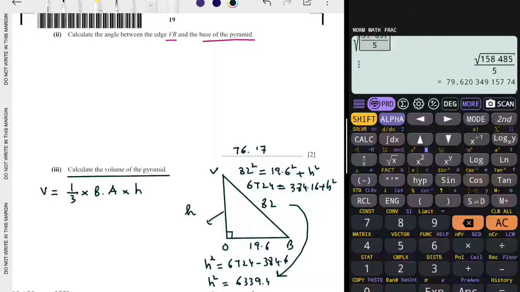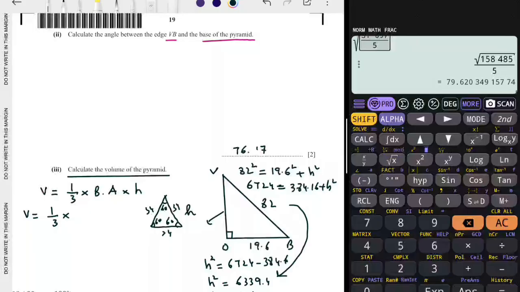Now volume would be equal to 1 by 3 into base area. The base area is actually, if you see, an equilateral triangle. We have already discussed it in a detailed manner. Each angle is 60 degrees and each side is 34.